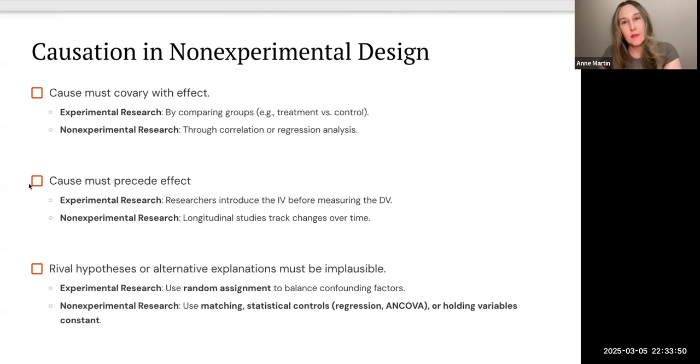Now, the cause must precede the effect. This is definitely challenging to establish in some non-experimental designs. So in experimental research, since the researcher is manipulating the independent variable, they're able to ensure that it comes first.